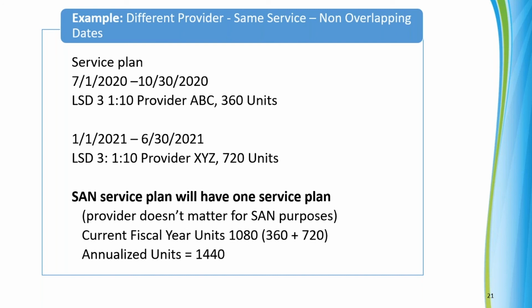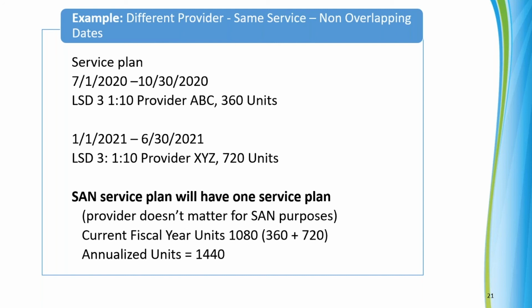Same thing, we only need one service plan, doesn't matter who the provider is, and the units need to be combined. So this would indicate that you add those 2 together, and 1,080 units are needed for the current fiscal year. And then maybe next year the person wants to go full-time for the 1,440, you would put that 1,440 in your annualized units field.